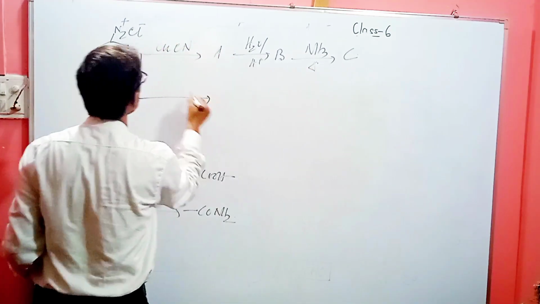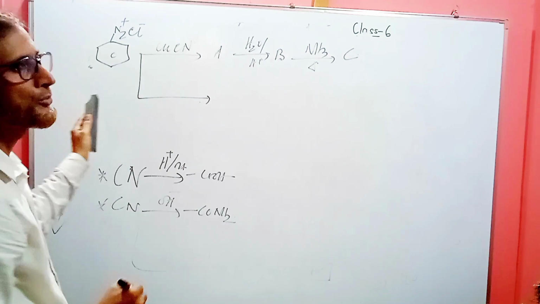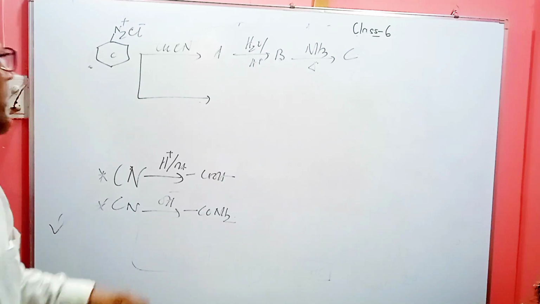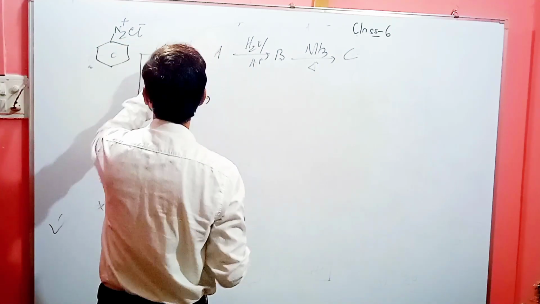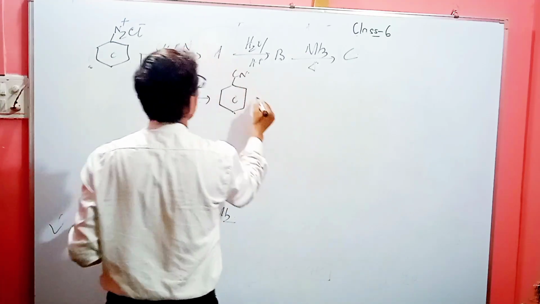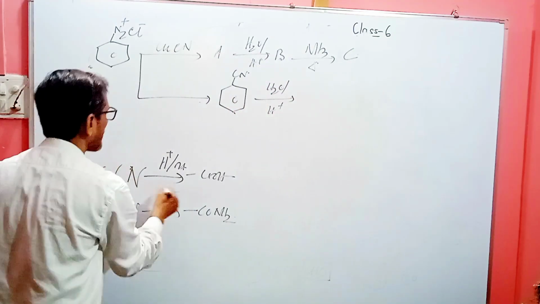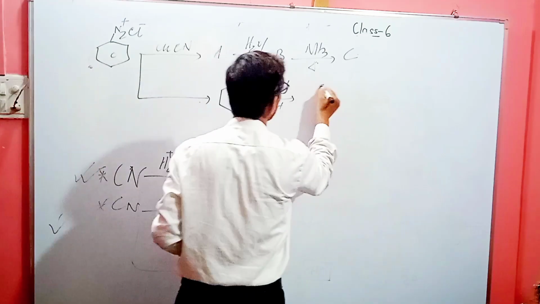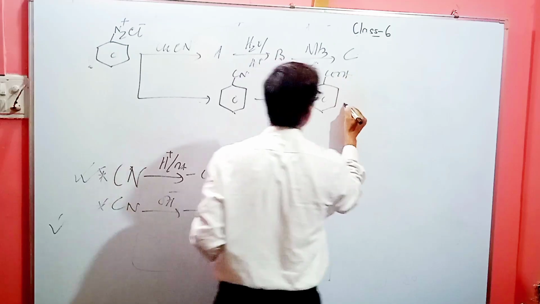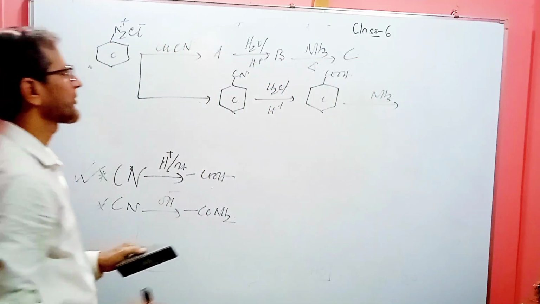We have done this a bit earlier in the Sandmeyer reaction, when benzene diazonium chloride reacts with Cu2Cl2, HCl, we get chlorobenzene, other times bromobenzene, other times cyanobenzene. So if this is CN, we will get cyanobenzene, and on acid hydrolysis, as I have just told you, the cyano group becomes COOH. So you are getting COOH. When ammonia is there, we are again going to the carboxylic chapter. We have done it.